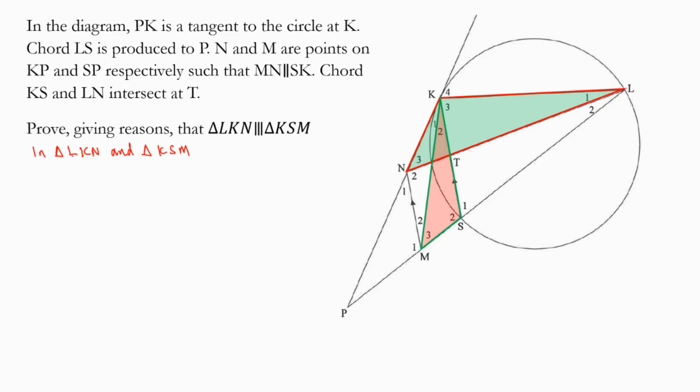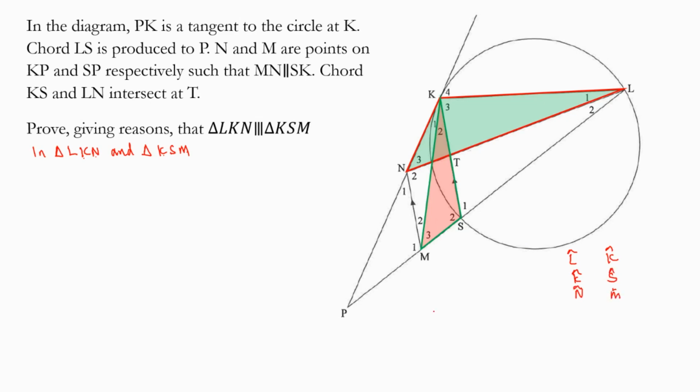It means angle L must be equal to angle K, angle K must be equal to angle S, and then angle N must be equal to angle M. So you can even write it: L goes with K, and then K goes with S, and then N goes with M.